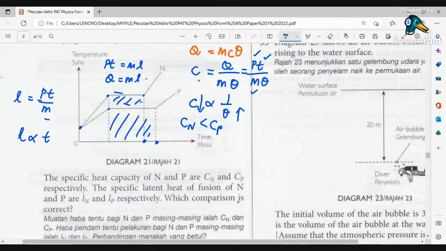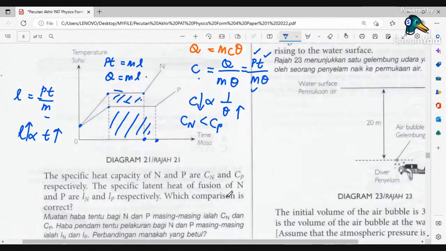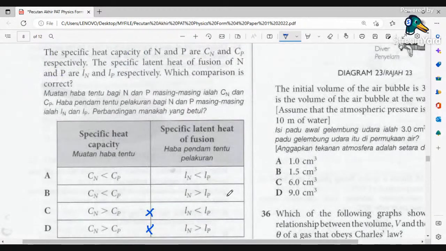Yang mana lebih masa diperlukan, itu lebih tinggi dia punya latent heat. So you can see from here, P requires more latent heat compared to N. Okay, so we can say Ln is smaller than Lp. Means yang ni pun salah. Jawapan A. So Cn less than Cp, Ln less than Lp.